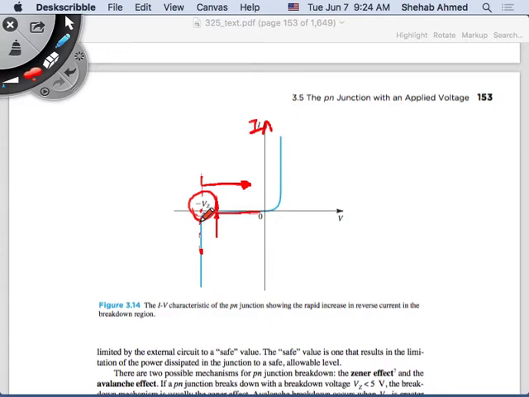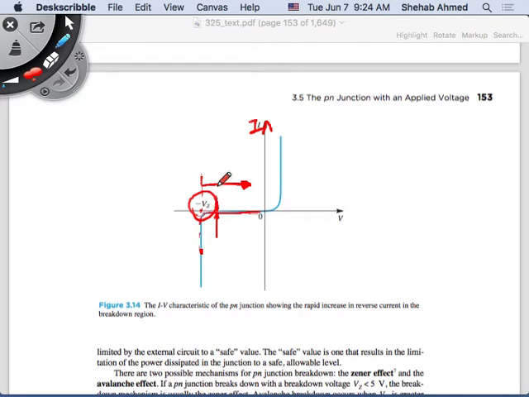You initially had an electric field that was pushing any minority carriers over the junction, right? If you increase that electric field, so increase the value of Vz, what happens? You increase the probability of these minority carriers being pushed over. So you keep increasing the current. So this current keeps increasing until a value called saturation current.